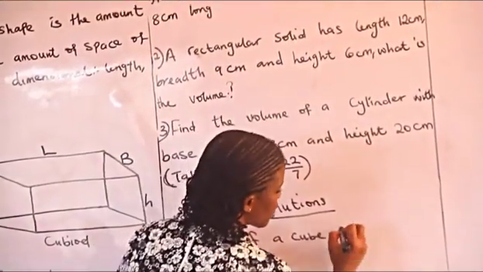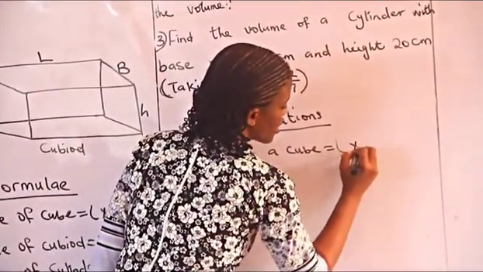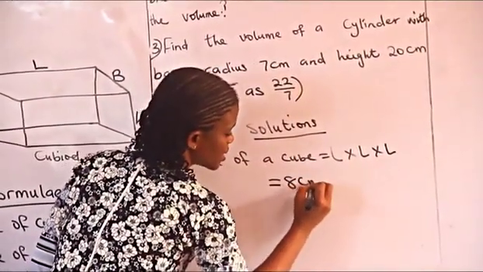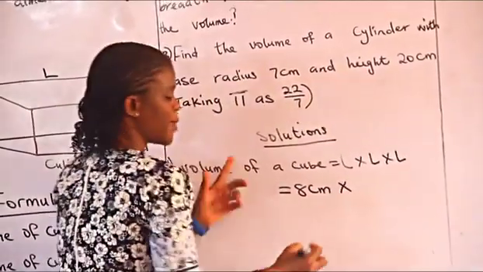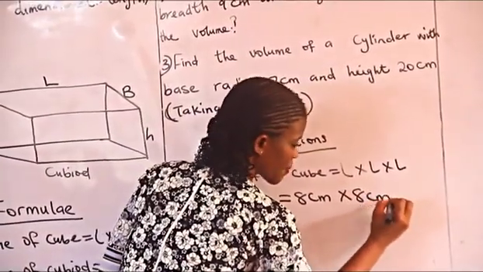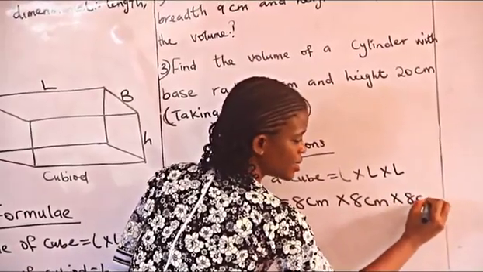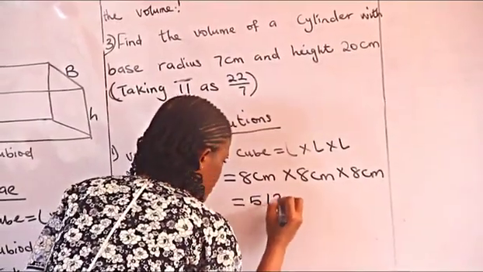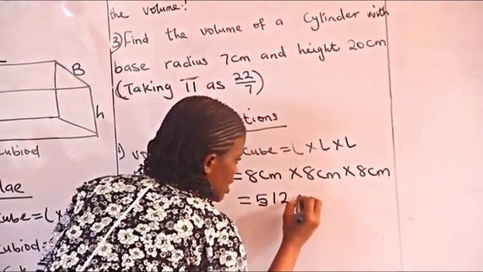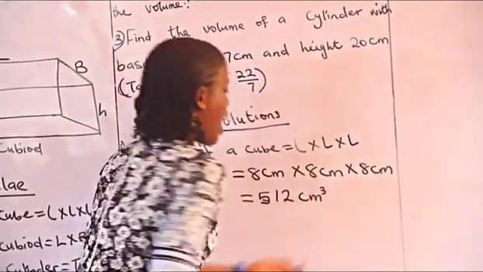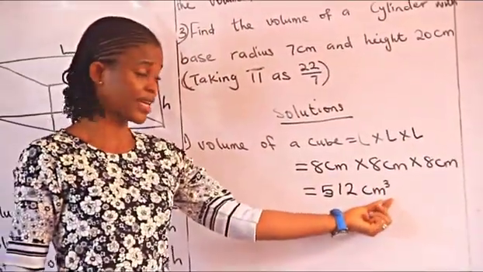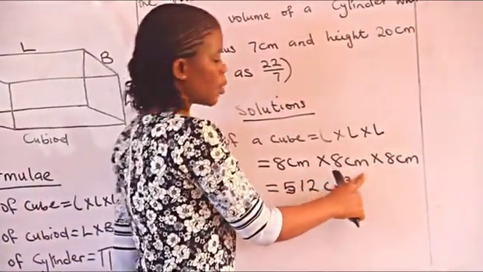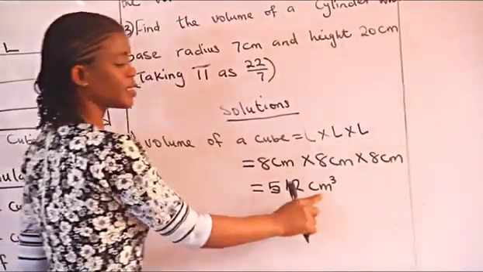So we have length times length times length, which will give us 8 cm multiplied by 8 cm multiplied by 8 cm, which will give us 512 centimeter cube. How did you come about this centimeter cube? Centimeter multiplied by centimeter multiplied by centimeter will give us centimeter cube.